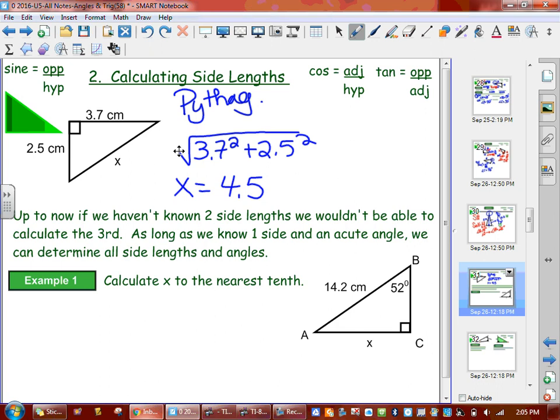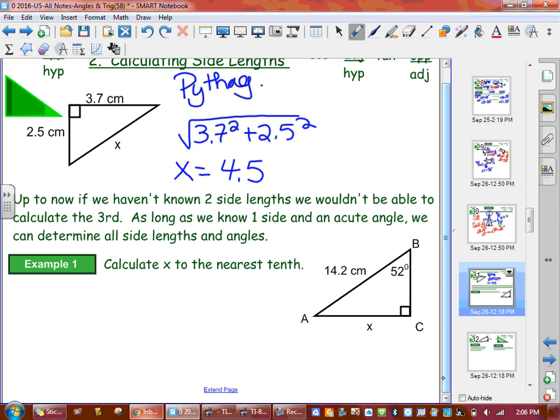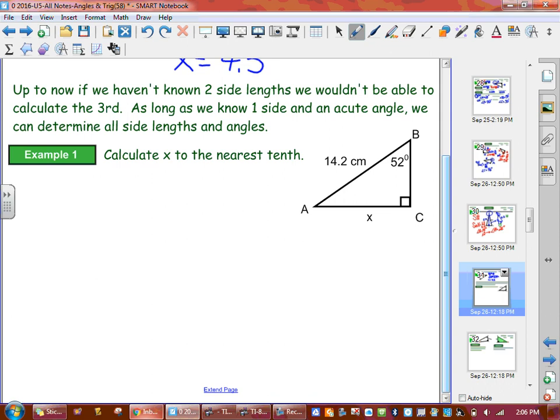Now, what if you're given an angle? We discussed this. If you're given an angle on one side, the basic steps again are that we circle the angle and label each side. Hypotenuse and opposite we're asked to find, so you would use sine. Sine of the angle is equal to x over 14.2.